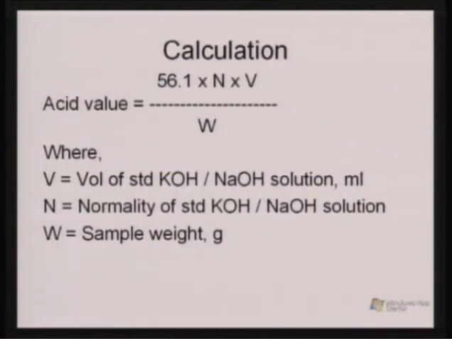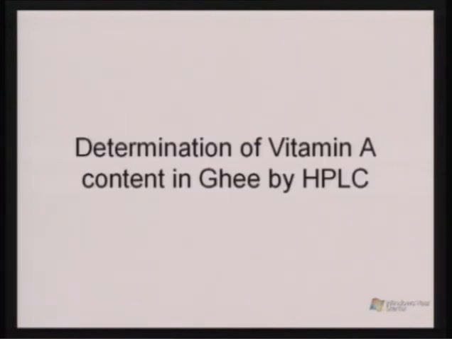The calculation part of this methodology is the acid value is calculated as 56.1 multiplied by N multiplied by V and divided by W, where V is the volume of standard KOH or NaOH solution in milliliter, N is the normality of standard KOH or NaOH solution, and W is the sample weight in gram.